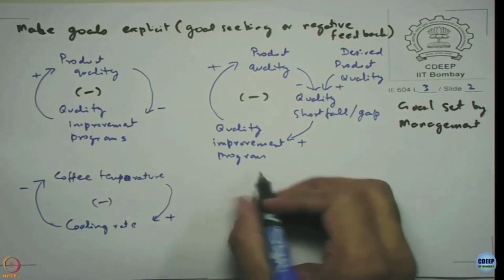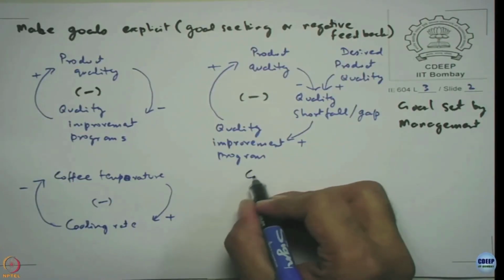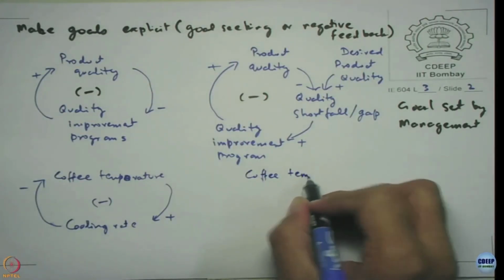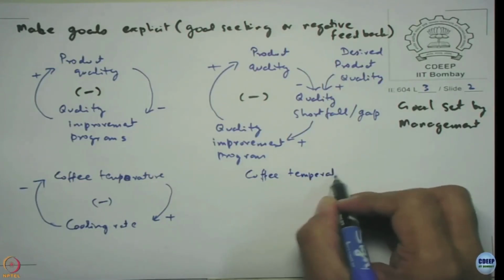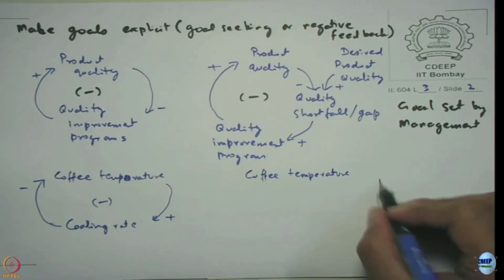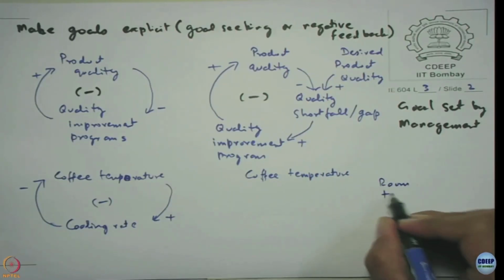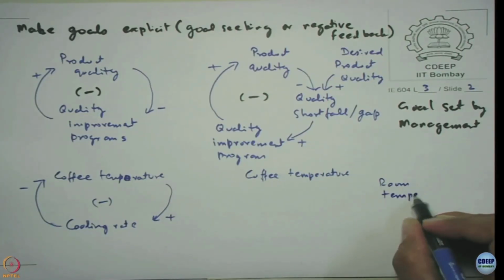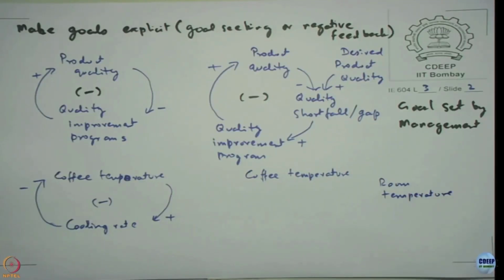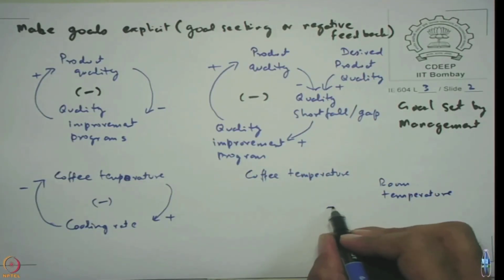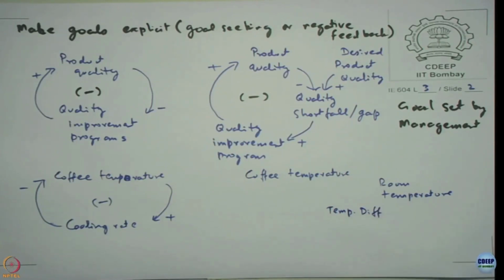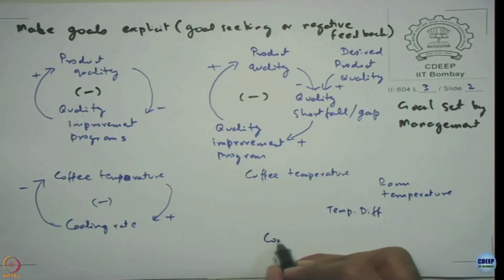So, in this case we have coffee temperature, then we have room temperature, then we have temperature difference, then we can have the cooling rate.